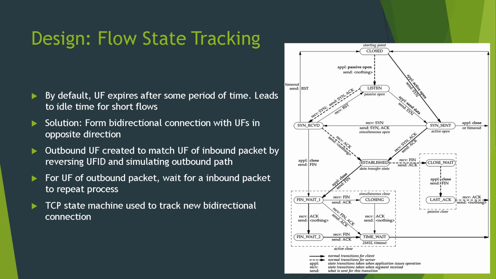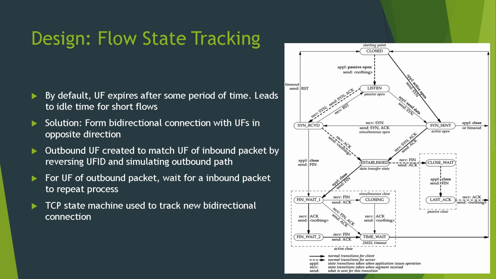Instead, VFP needs to be able to pair connections on the virtual machine side of things instead of on the network side of things. VFP accomplishes this for inbound unified flows, or UFs, by creating an outbound UF by initially reversing the UFID of the packet.